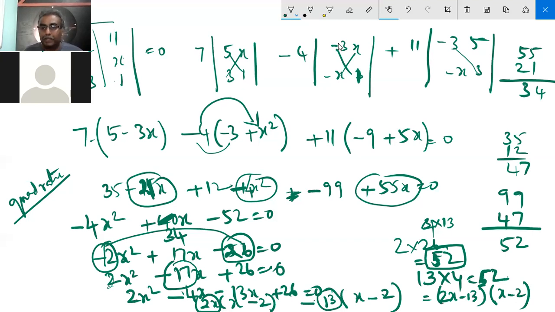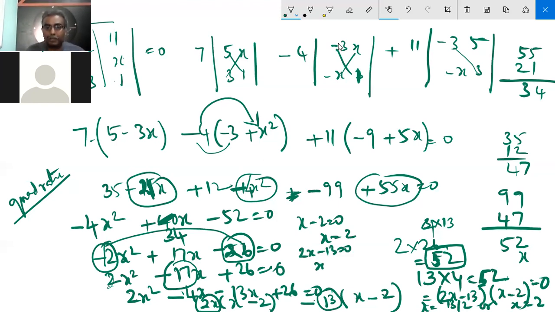Okay. That means x equal to 13 by 2 or x equal to 2. This is equal to 0, right? So x minus 2 equal to 0 means x equal to 2. Same way, 2x minus 13 equal to 0 means x equal to 13 by 2.